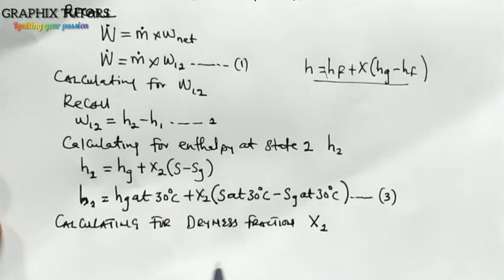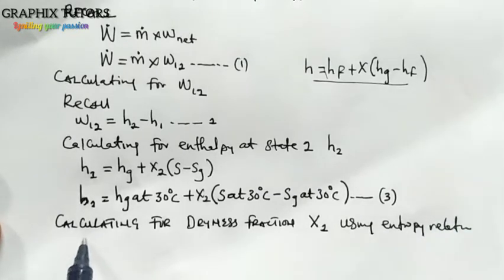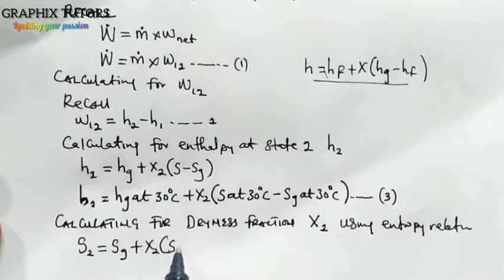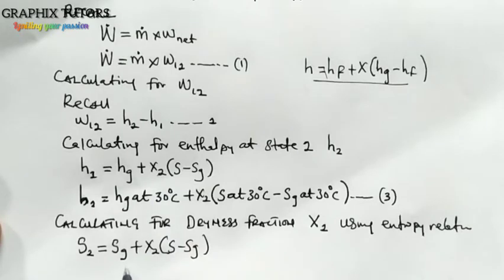We're going to use an entropy relation, which says that my S2 is equal to Sg plus S2 into bracket S minus Sg, just like this, but we'll change the value to X. This is the enthalpy relation, this is the entropy relation.